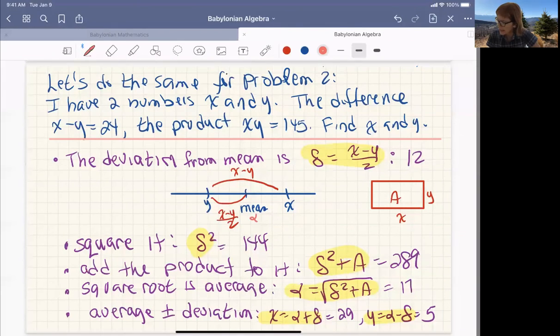And so then x minus y, remember x is the bigger number, so the distance from y to x is x minus y. The average value is the point that's right in the middle. And so the distance from x to the point in the middle, or from y to the point in the middle, is just half of the total distance. In other words, it's x minus y over 2.